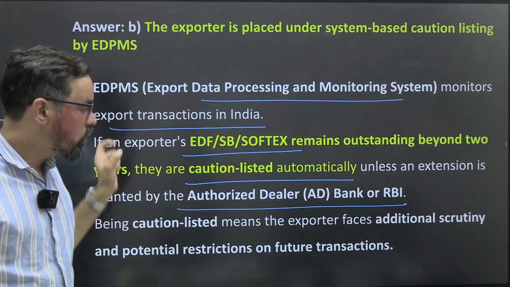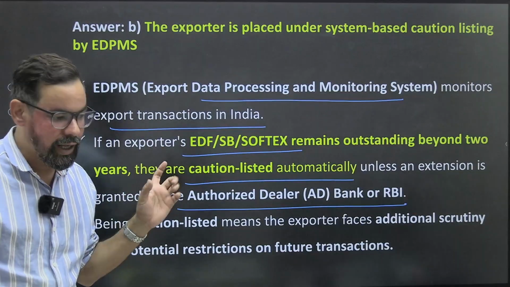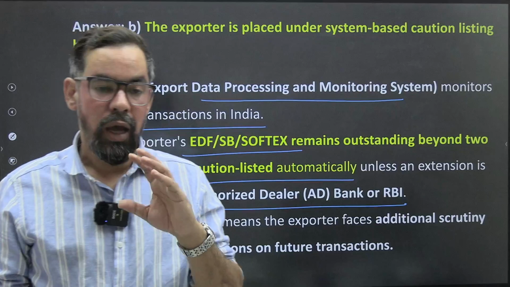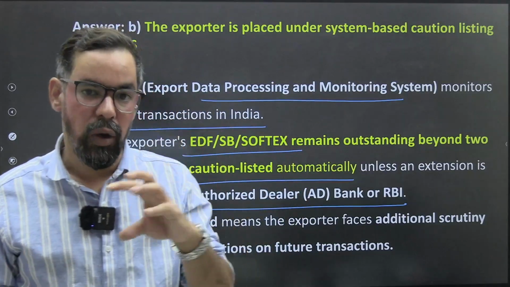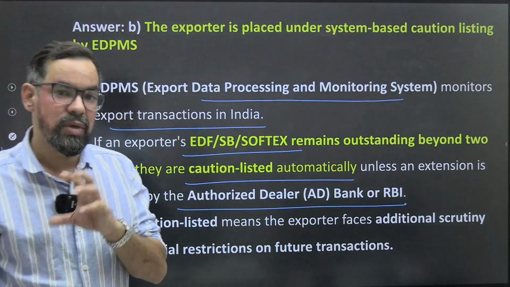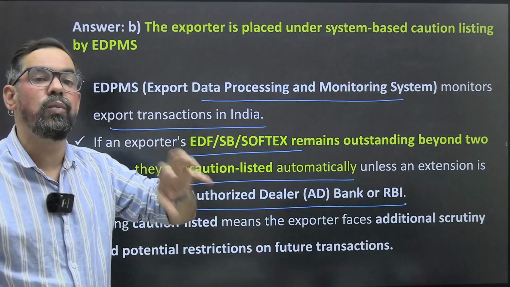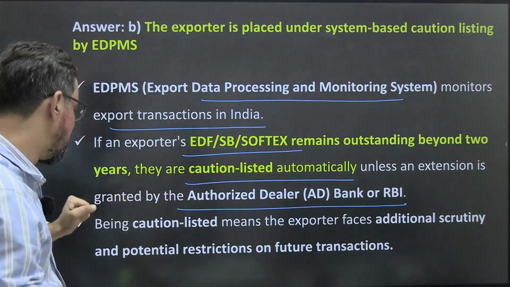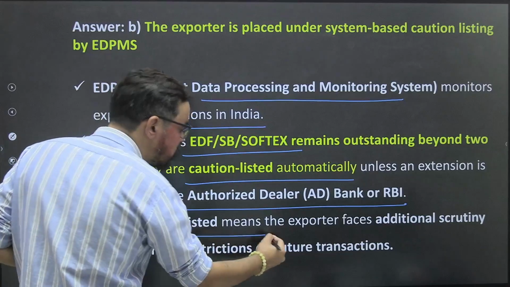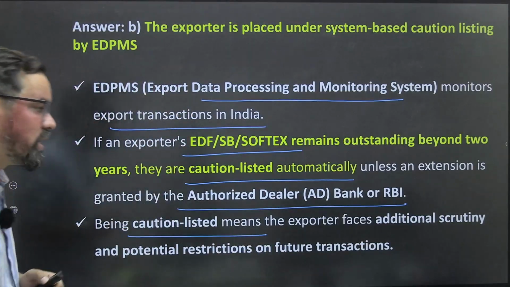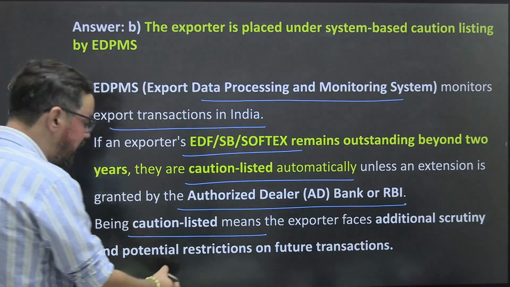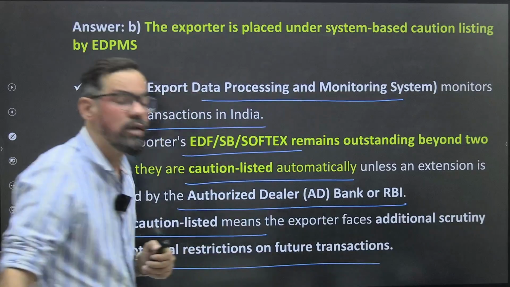If no extension was given by RBI or authorized dealers, then this portal, EDPMS, will automatically put them in the caution list. Being in the caution list means the exporter faces additional scrutiny and potential restrictions on future transactions as well.